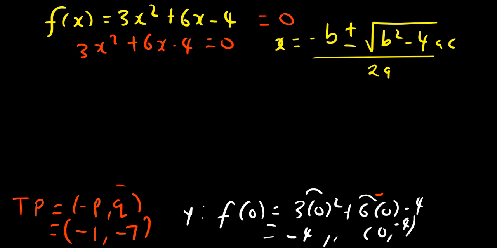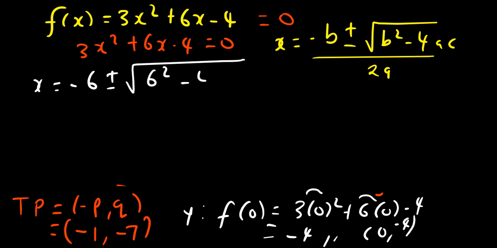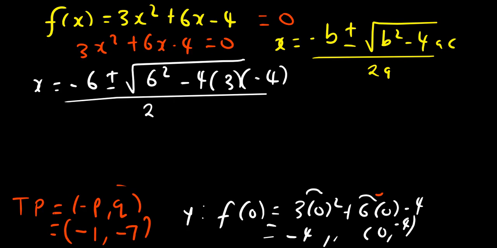So let's just do that. We'll have x equals, in this case our b is 6, so it's negative 6, positive or minus the square root of b squared, that's 6 squared, minus 4. Our a in this case is 3, and our c is negative 4, over everything over 2 times a, which is 3.